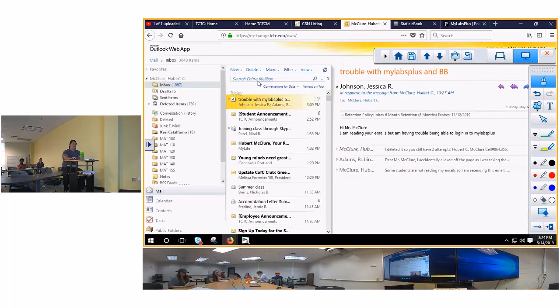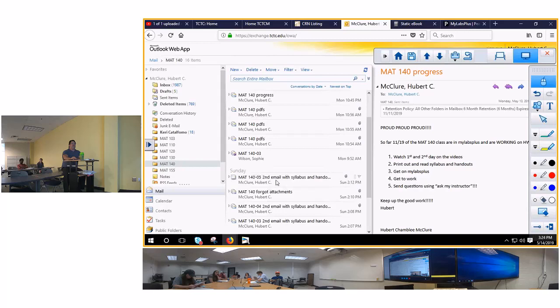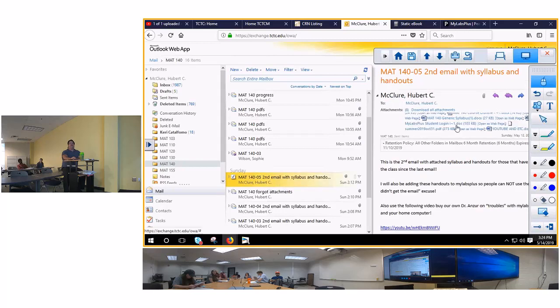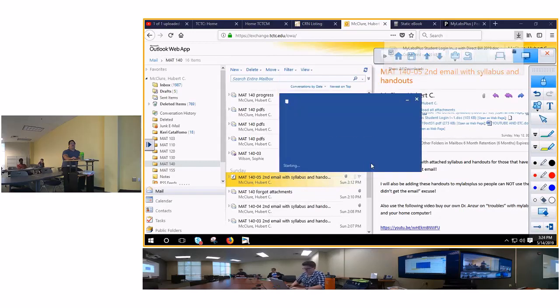Let's see, PDFs. I think I sent it in the first set. MyLabs Plus student login. Okay, write these two email addresses down.